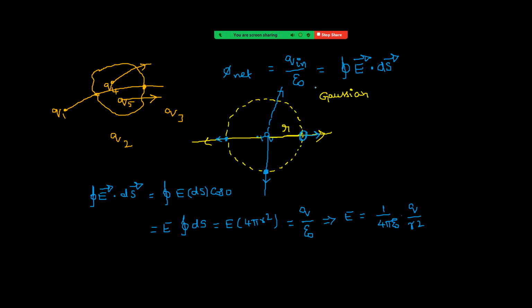So the statement is: the net electric flux through a closed surface is equal to the net charge inside upon epsilon naught. That is, closed integral E bar dot dS bar. We can write the same thing in differential form.